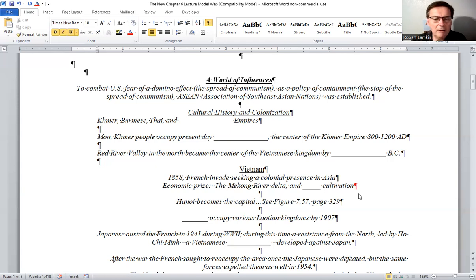And then you have Burma, which is today Myanmar. Burma became Buddhist via Sri Lankan monks. Myanmar was conquered by the British in a series of wars between 1824 and 1855.